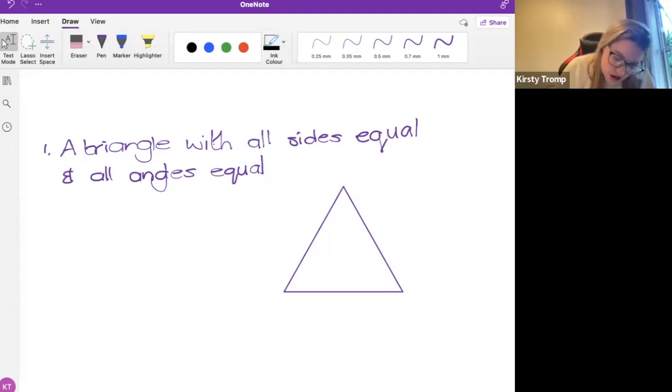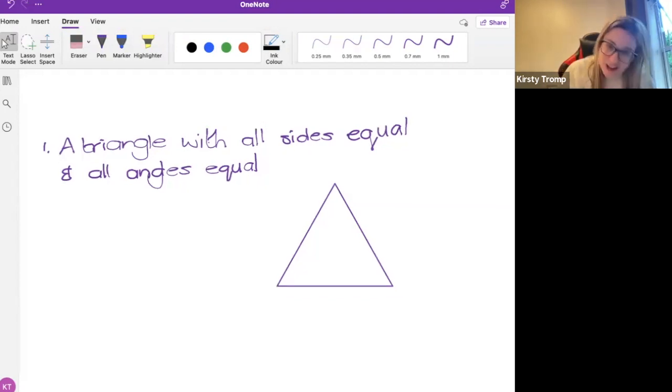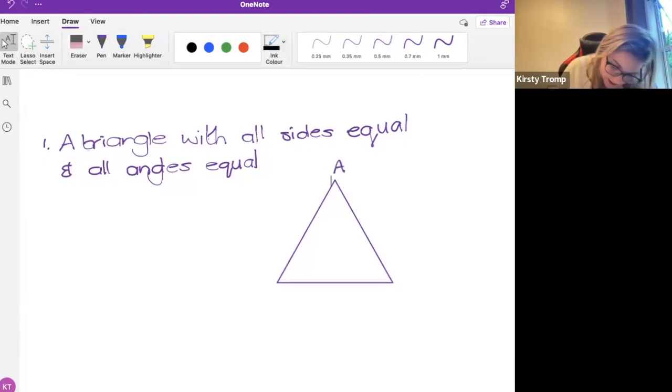Good, well done, Tara Jane. So I need to put lines on each side. Tara Jane, do you agree that I need to maybe give this triangle a name? Yes. So I'm going to call this triangle A, B, C. And like you said, I need to put lines on each side. Thank you so much, Tara Jane.